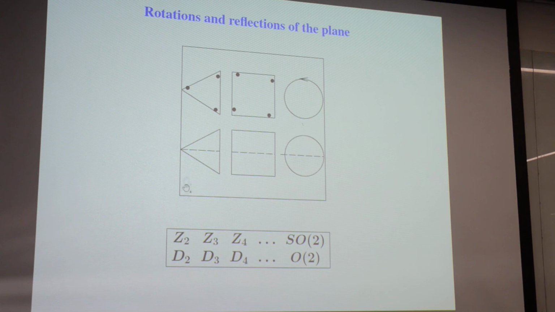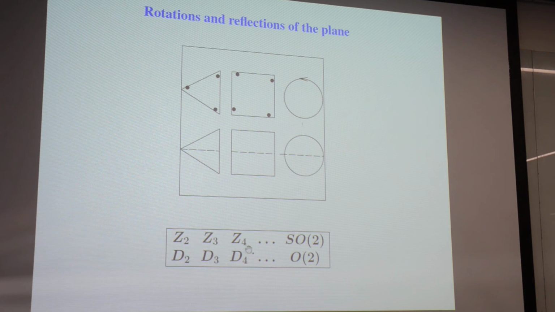Now, if you also include the reflections, then you have groups that are called D2, D3, D4. There are twice as many elements in D2, D3, D4 as in Z2, Z3, Z4, because you can reflect or not. Here you don't include any of the reflections. Here you have all the rotations and a reflected version of each of those.